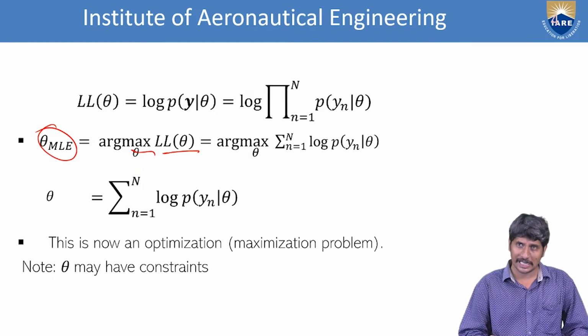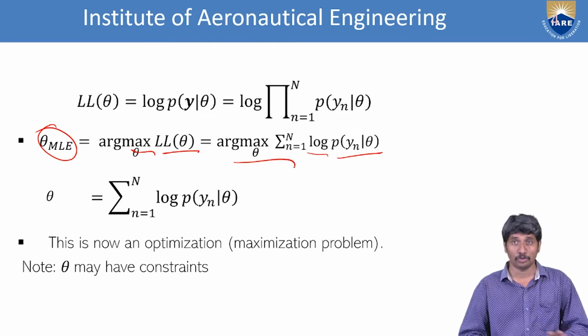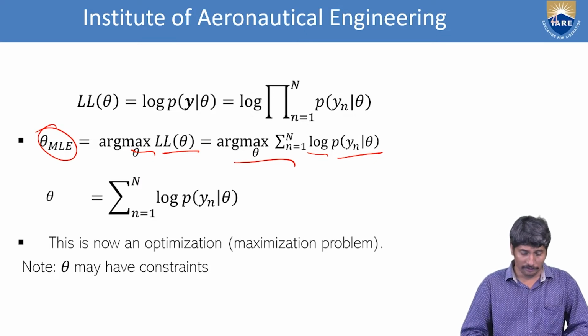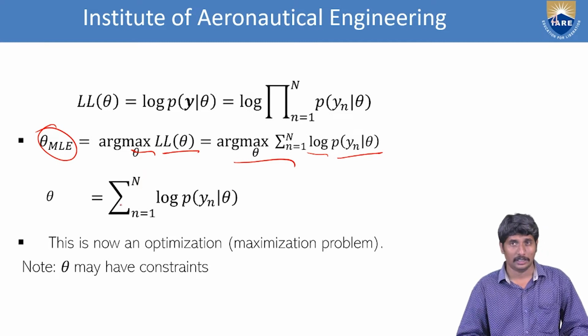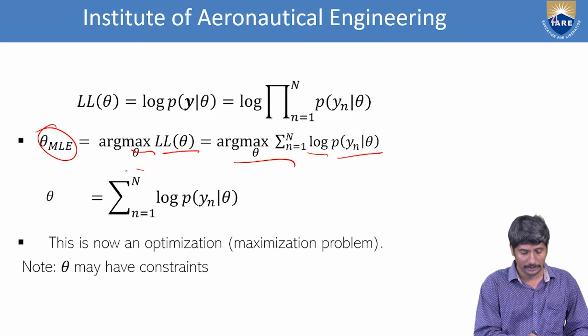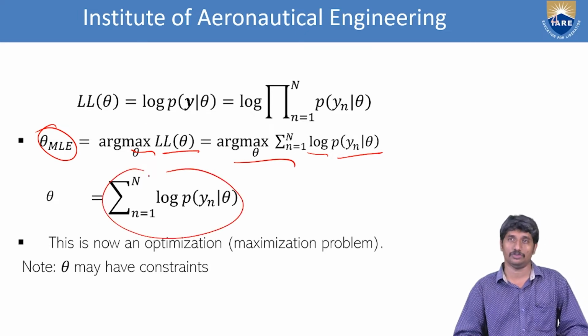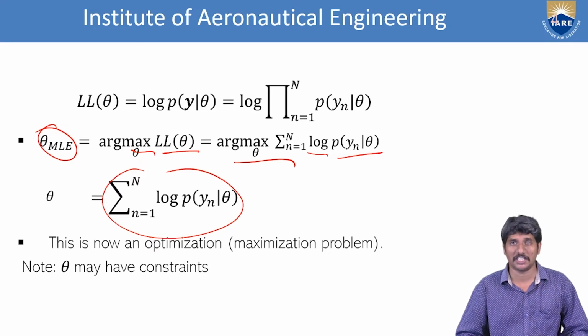That is as good as constructing the likelihood function and applying log, and then finding the maximization. Both are equivalent. And finally, theta would be this value. The final maximum likelihood value of theta will be the summation of all these logarithms. Okay, this is how, in simple terms, you can explain maximum likelihood estimation.